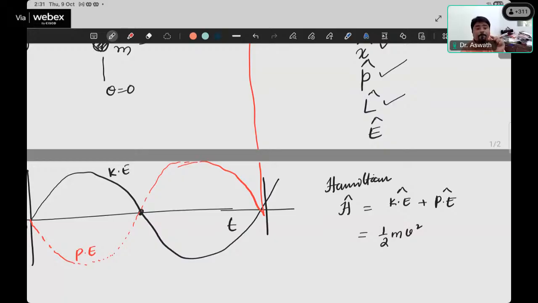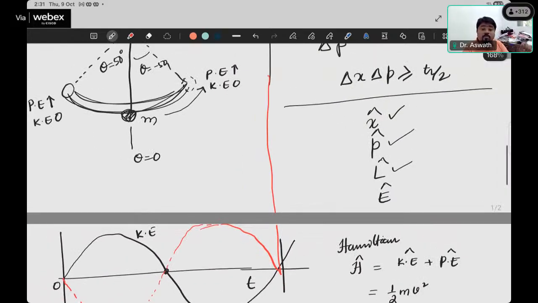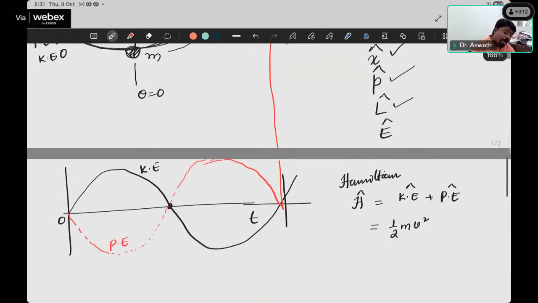It is going to be the same, so I don't have a hat on the mass. But velocity has a quantum nature. You know why? It is derived from the varying position. So I will have a hat on that. And kinetic energy is that.